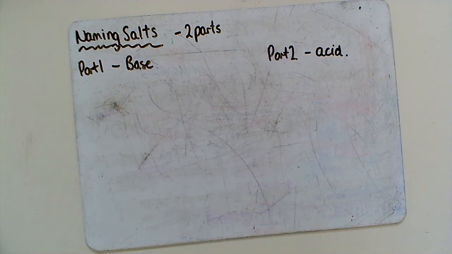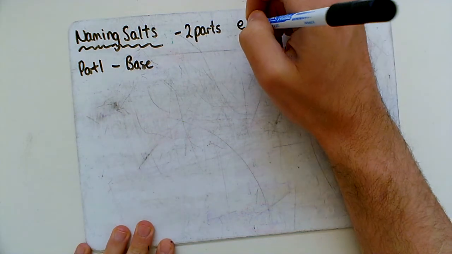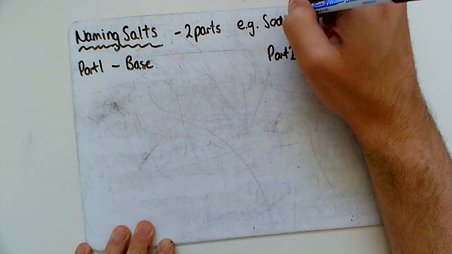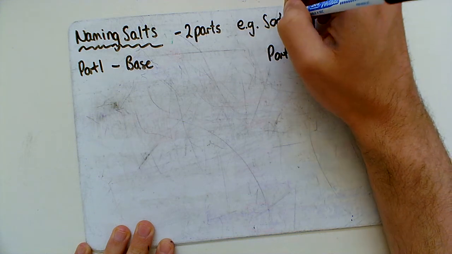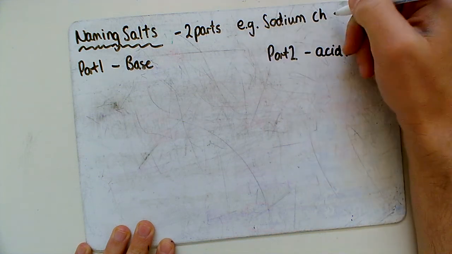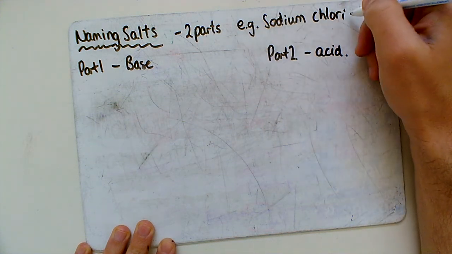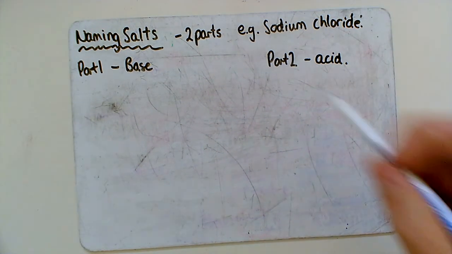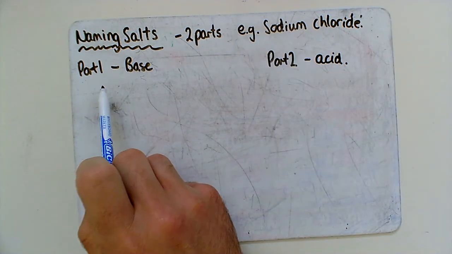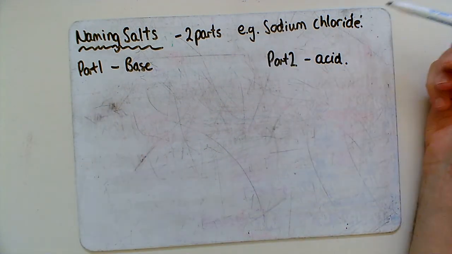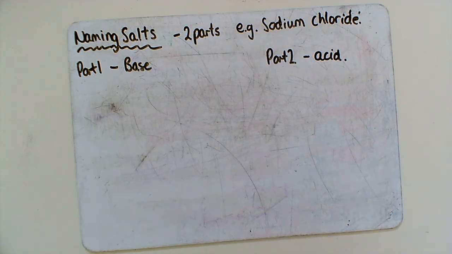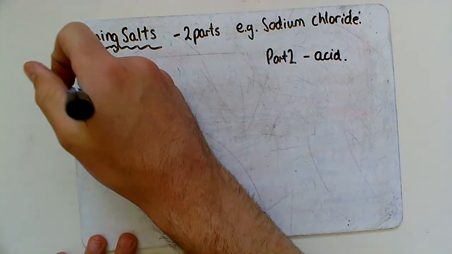And what I mean by having two parts, for example, sodium chloride. Part 1, the sodium, all comes from the base. Part 2, chloride, will come from the acid. So we'll focus on part 1 first.